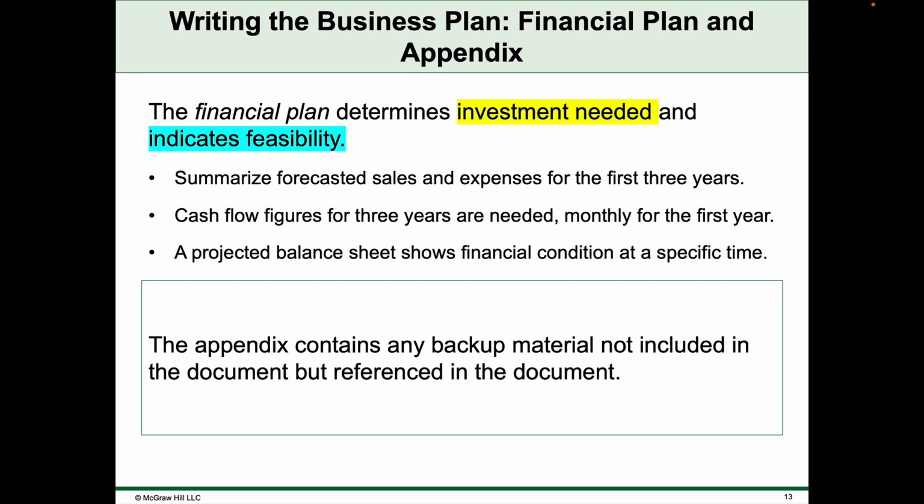Appendices. An appendix would contain any backup material that you haven't included, but it's needed because if you've referenced something, then you need to include it here. Some of the things that you will see included in appendices would be letters from customers, letters from subcontractors, secondary or primary research data, leases, contracts, other agreements, price lists, and so on.